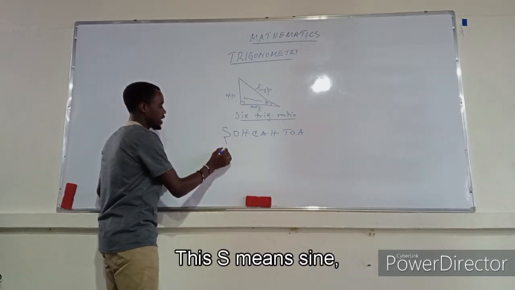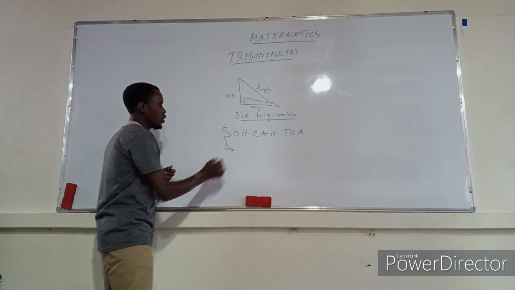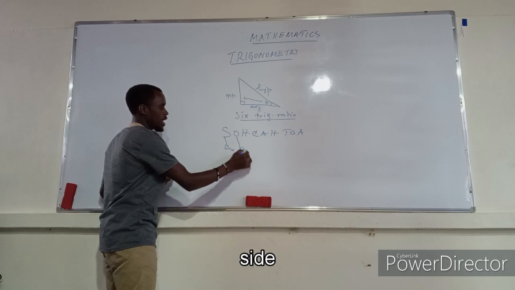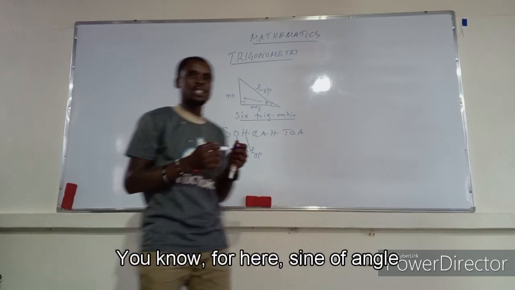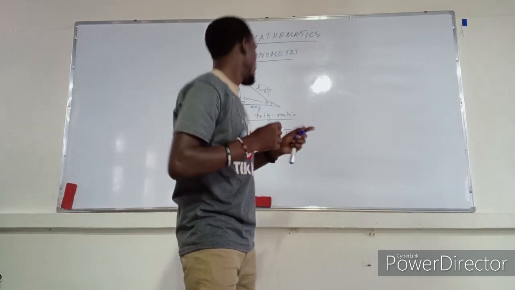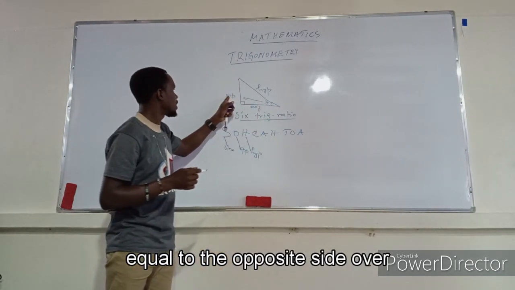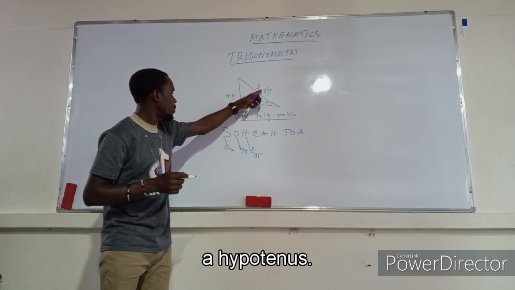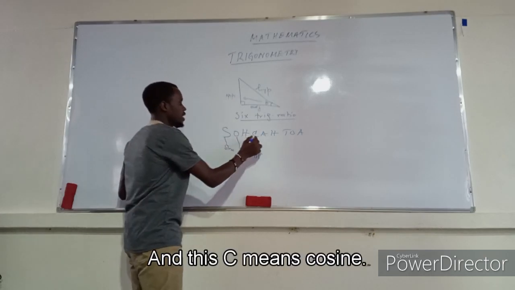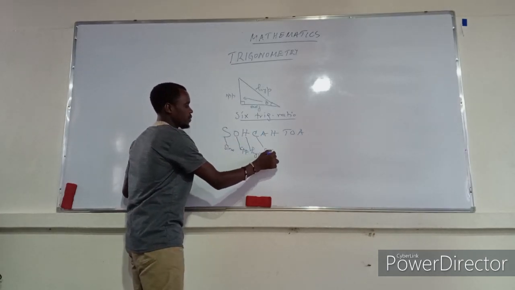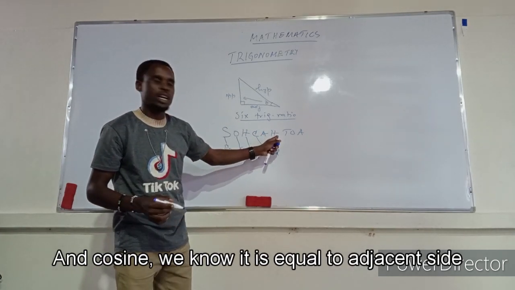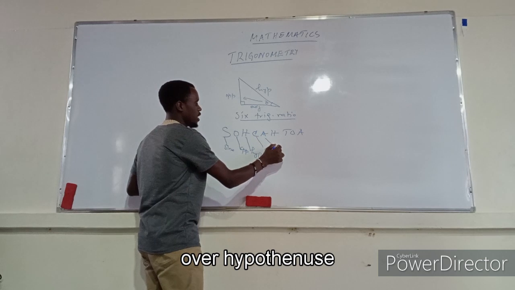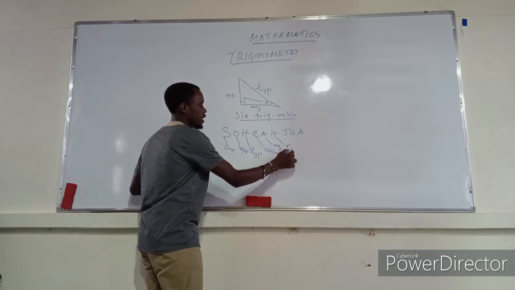Here, S means sine, which is equal to the opposite side over the hypotenuse. So the sine of the angle is equal to the opposite side over the hypotenuse. And C means cosine, and cosine is equal to the adjacent side over the hypotenuse. A means adjacent side, and H is the hypotenuse.